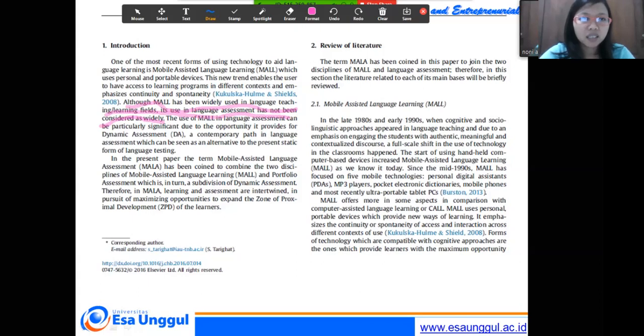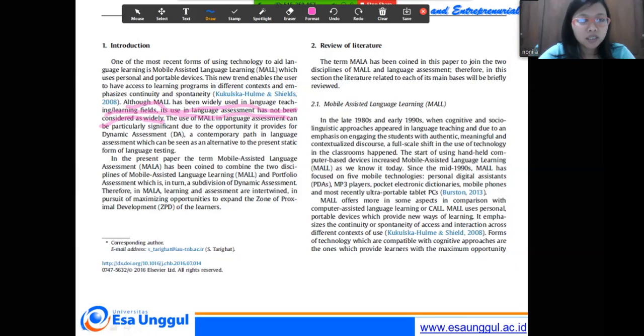So this is the problem of the research. Because language assessment has not used MAL, this research wants to investigate how to use MAL to assess student speaking skill. So we will know the research novelty from this context.